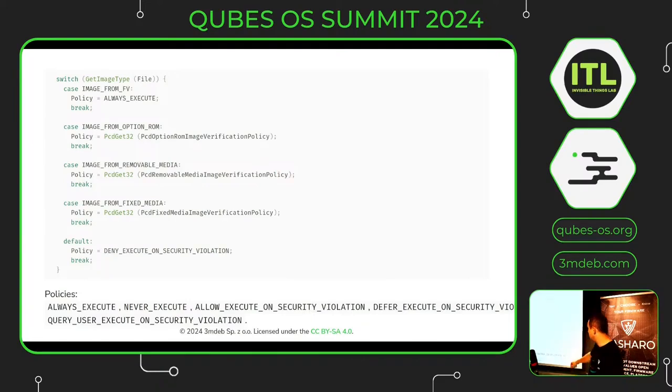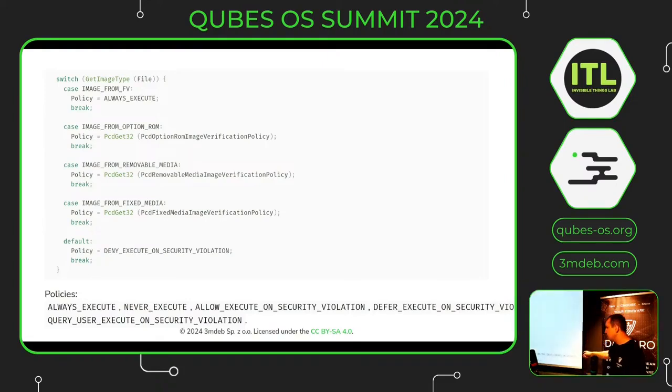Those are the possible other states. So you can have a policy always execute, never execute. You can have allow execute on security violation. So this was, I guess, all this MSI problem, that they essentially set that one. So despite something being wrong with the signature, they executed. The same goes for defer execute on security violation.